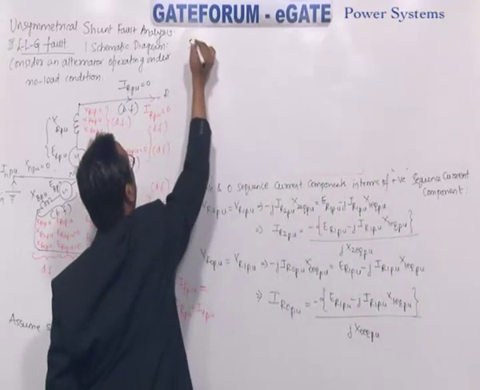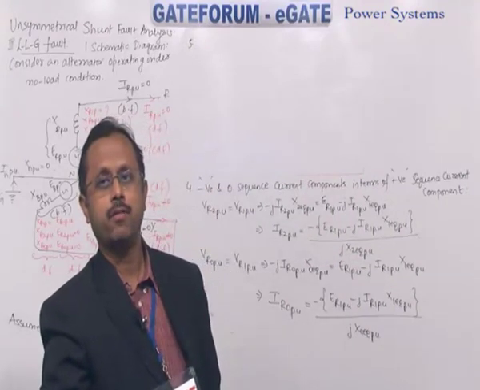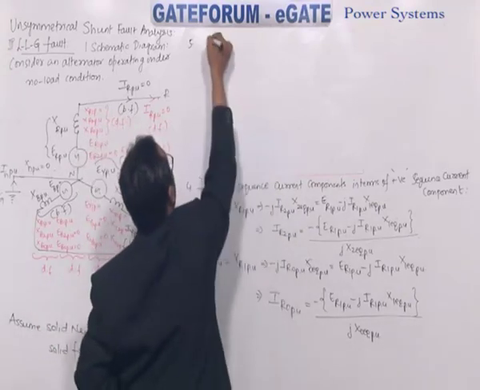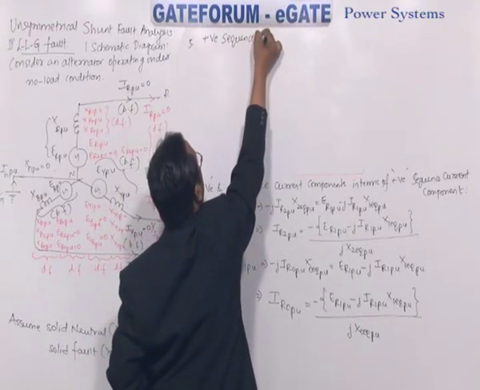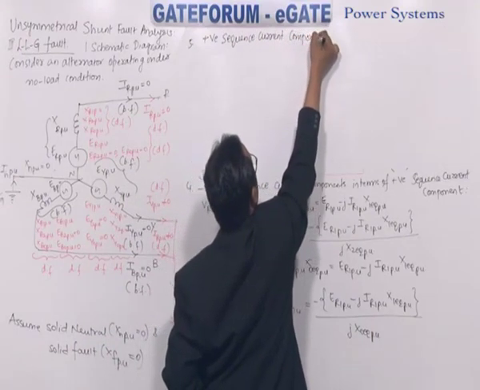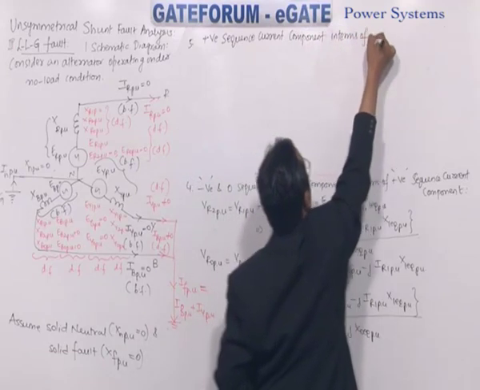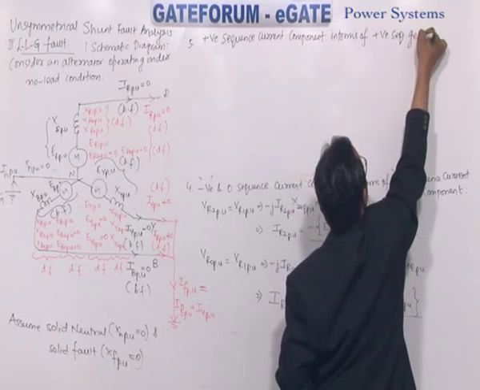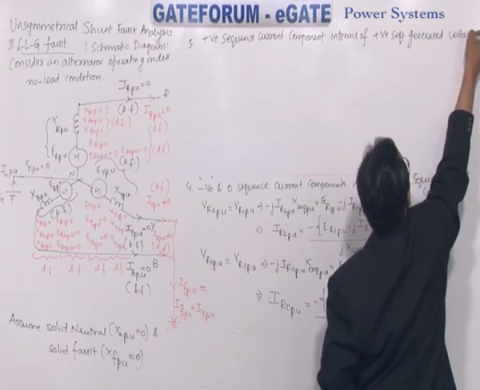And now we will find the positive sequence current component in terms of the positive sequence generated voltage. So next is the positive sequence current component in terms of the positive sequence generated voltage.